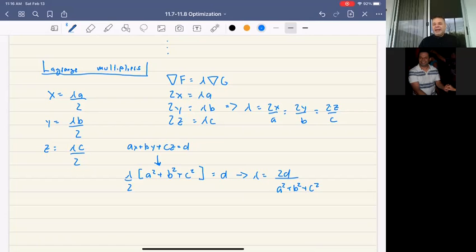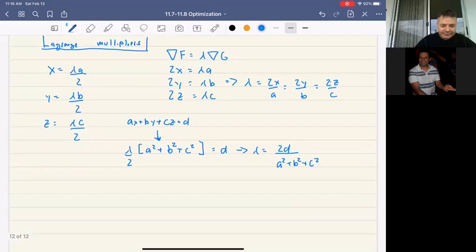Okay, now we can find our x. Okay, so x is, oh, sorry, the 2's gone, ad over a squared plus b squared plus c squared. y is bd over a squared plus b squared plus c squared.